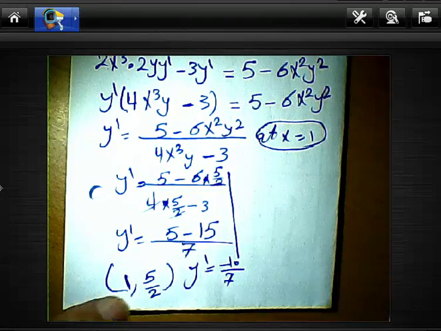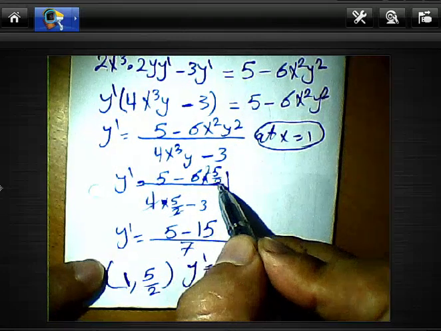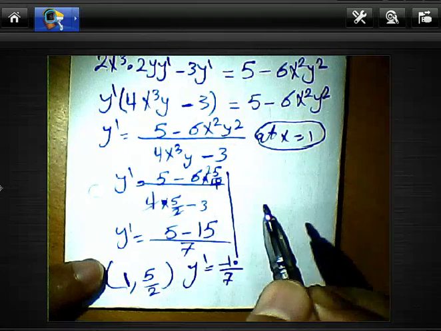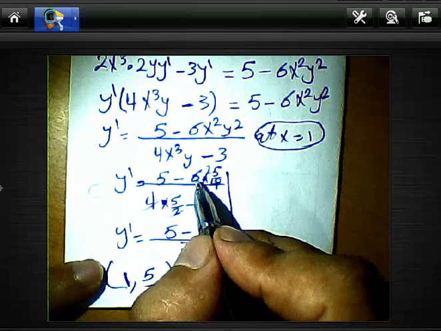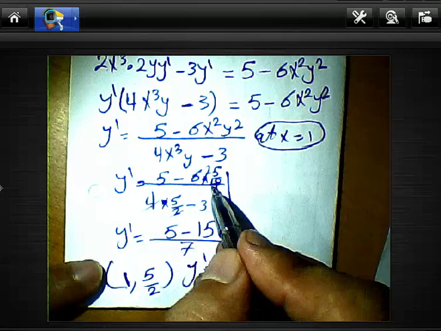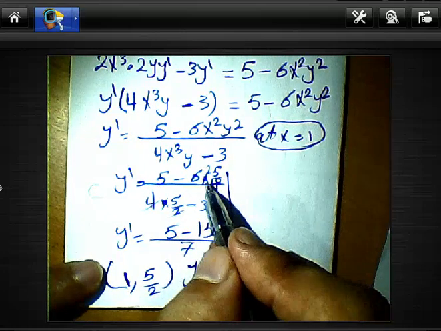But look here, since it is a power, it will be 25 over 4. We can solve it again: 6 divided by 4 multiplied by 25.